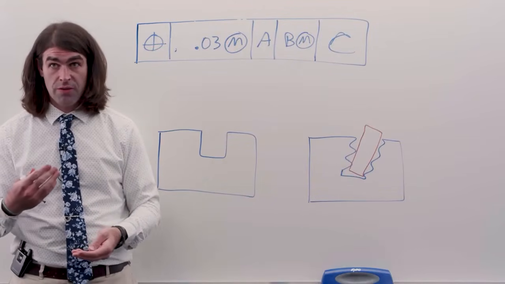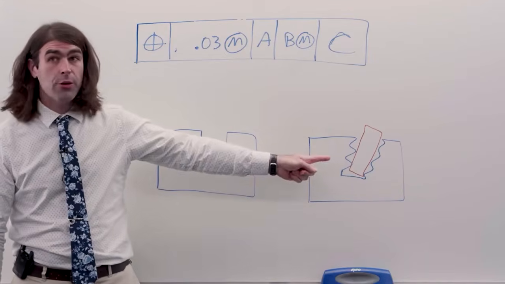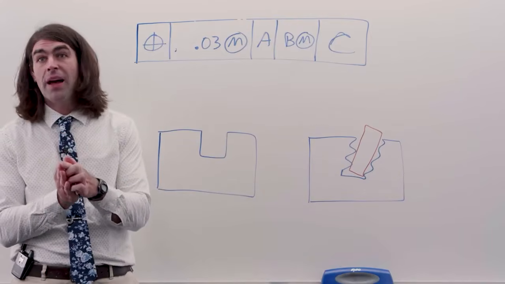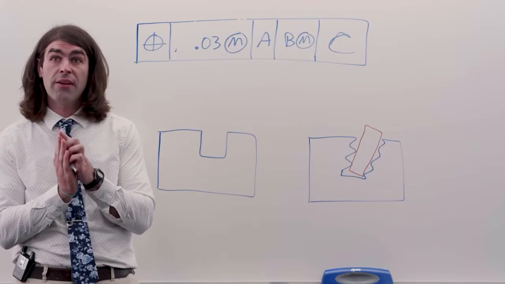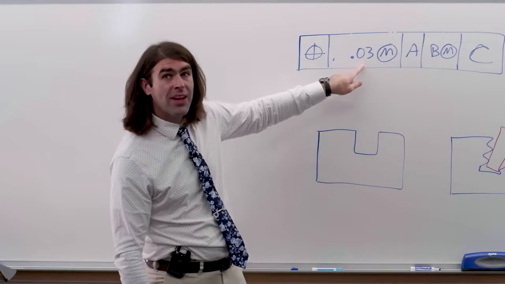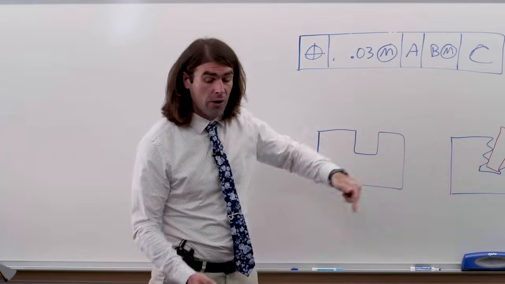You go from a small gauge block to a large one and find the largest gauge block that would fit. And then the center plane of that gauge block is the center plane of that feature. And it would need to be between two parallel planes this distance apart to whatever datums are there.